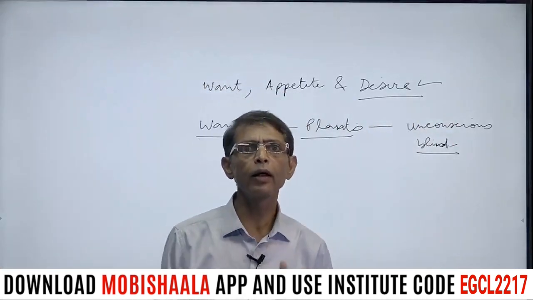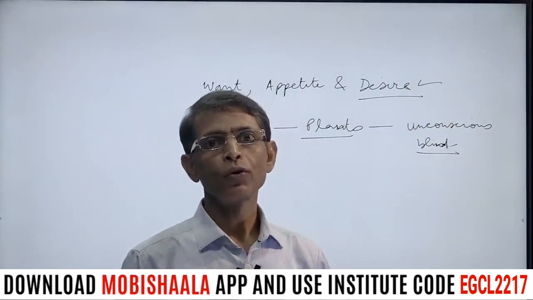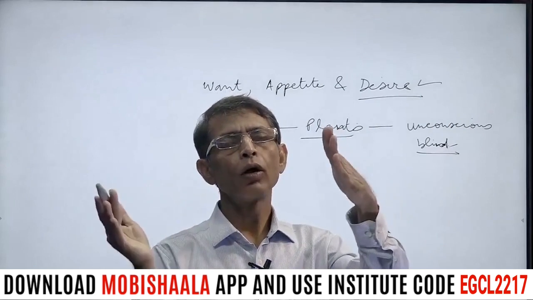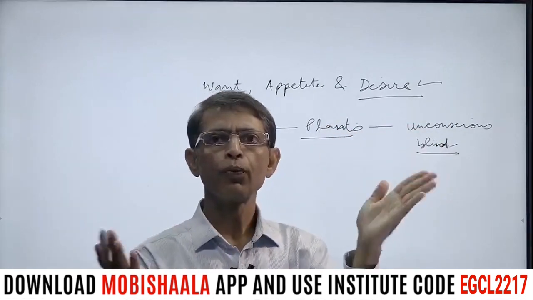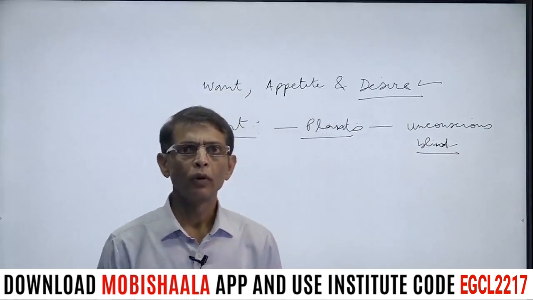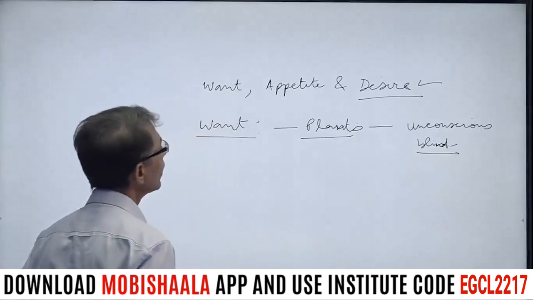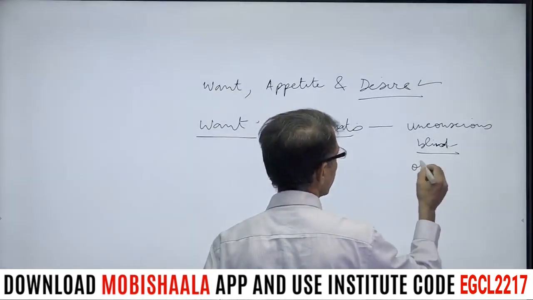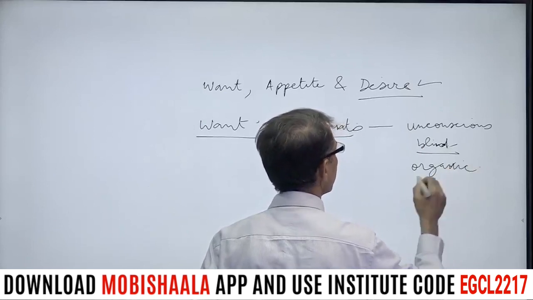So light and air, of course, and space, of course. So this is the demand, and according to the direction of light, their branches move. So this is the kind of want. It's a definition of want, and it's nothing but organic want.